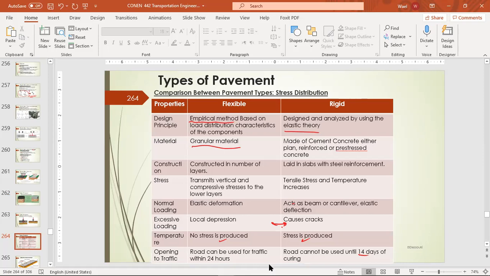In flexible pavement, the stress transmits vertical and compressive stress to the lower layers. Here, the stresses generated are tensile stress, because if you apply a load here, it generates tensile stress here. But for the flexible pavement, if you apply a load here, it gives a compressive stress this way.